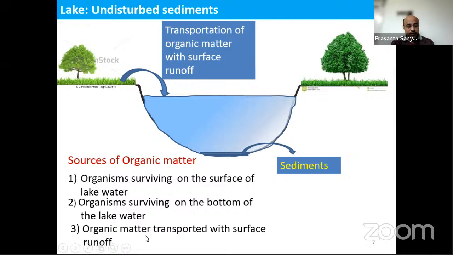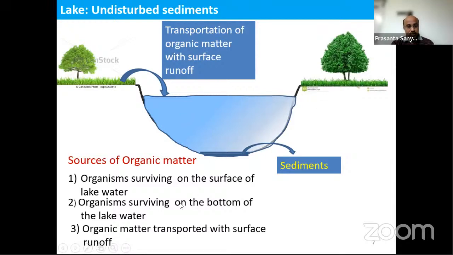Now, to understand the climatic condition at the catchment areas, if you can separate out the signature of the catchment vegetation from these lake sediments, then you can use that organic matter to reconstruct the climatic variation in the catchment areas. So that is what we have done.